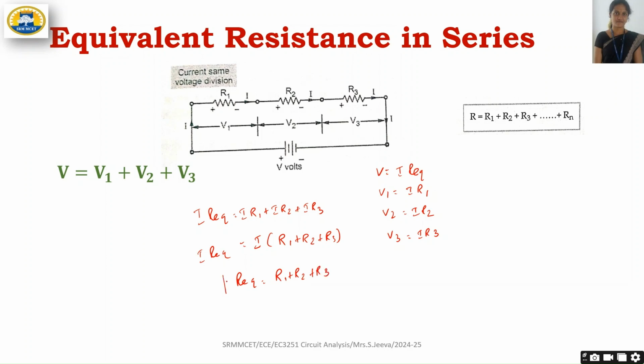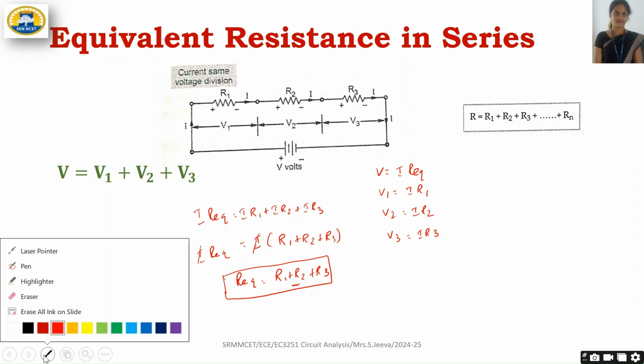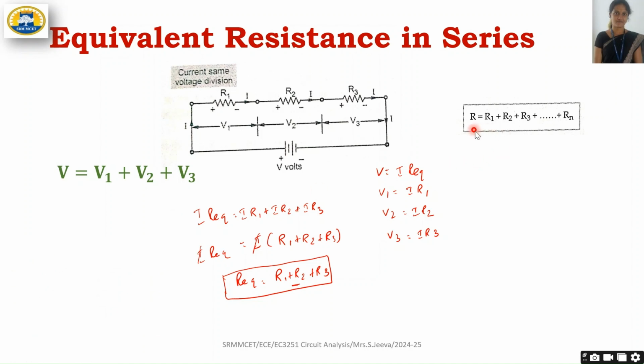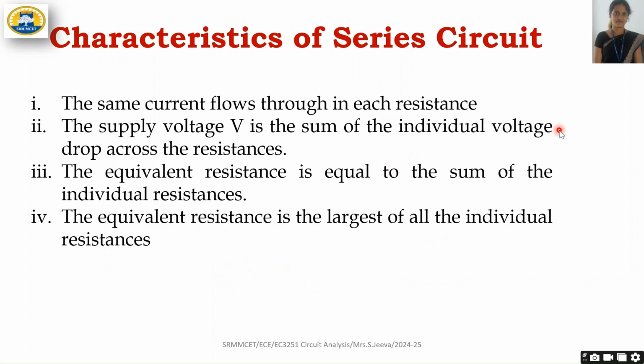So if the resistors are connected in series, the total equivalent resistance is equal to the sum of the individual resistances. This relation holds for n resistors connected in series: R is equal to R1 plus R2 plus R3 up to Rn. These are some characteristics of the series circuit.